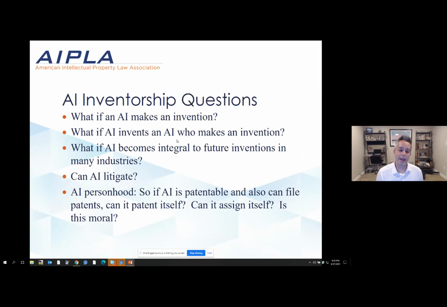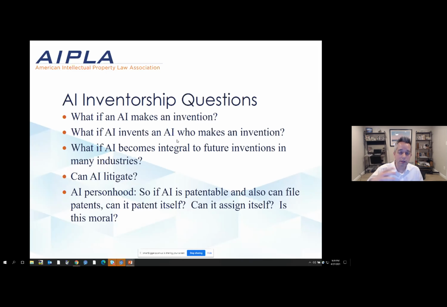So some fun questions to think about. What if an AI makes an invention? Obviously, that's the most pertinent and relevant one here, and it's the one that the USPTO and the EPO recently answered, and they answered that you have to be a natural person. But we go down the rabbit hole a little bit further. What if an AI invents an AI who makes an invention?